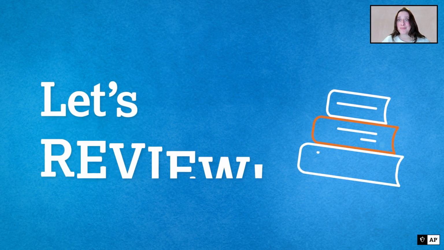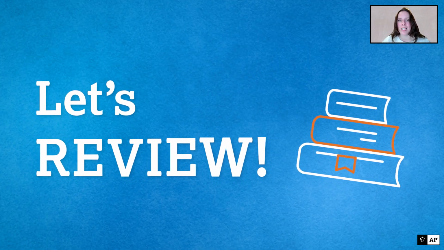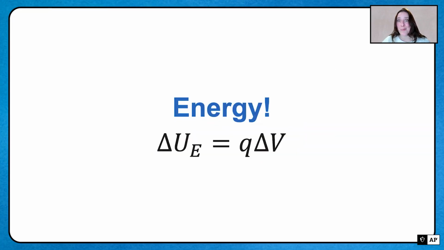So let's review, first of all, before we go on. Energy! Back in our first unit or two, the electrical potential energy of a situation was Q times the electric potential difference.